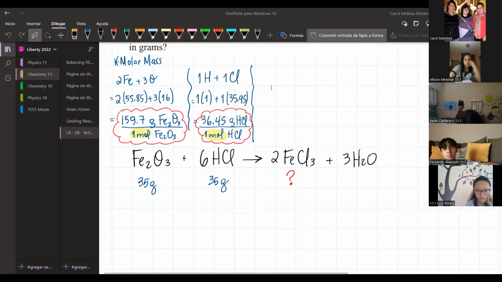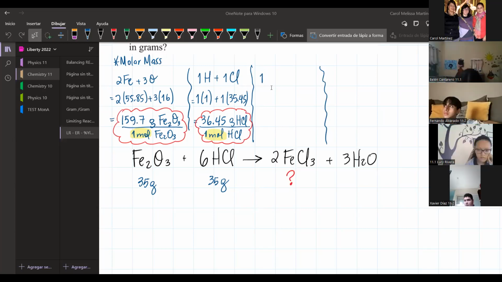Okay, so the molar mass is 1 iron and 3 chlorine. So this is equal to 1 times 55.85 plus 3 times 35.45.